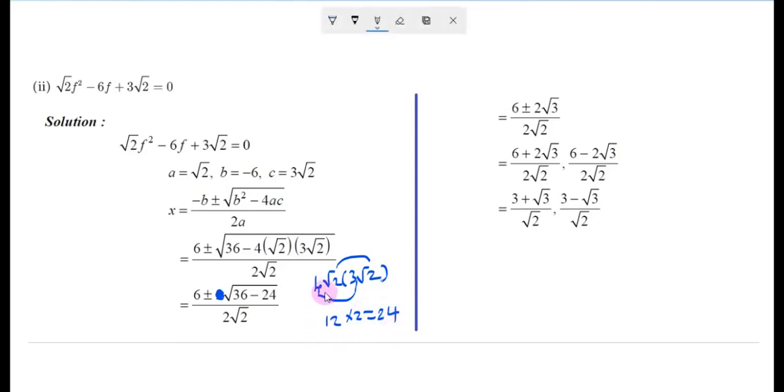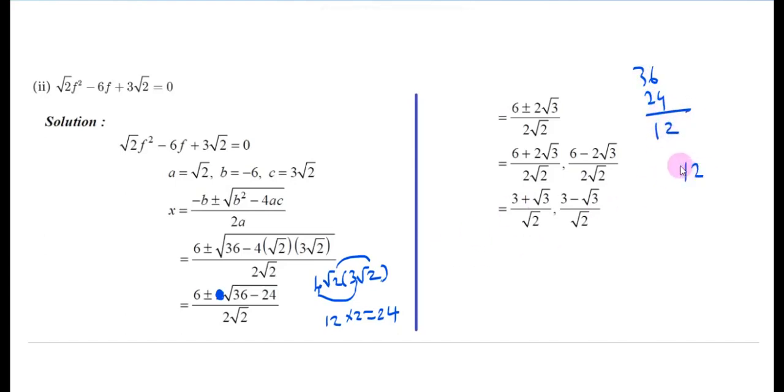Understood? 4 3s are 12, root 2 into root 2 is 2, so 12 into 2 is 24, so here 24 comes. So 6 plus or minus root of 36 minus 24, whole divided by 2 root 2. Then just subtract this: 36 minus 24, so 12 will come.